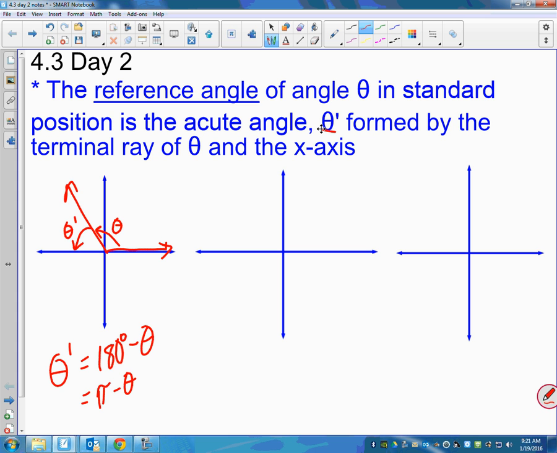Quadrant 3 is probably the one that people get confused on the most with the reference angle. So, step 1, let's draw a quadrant 3. And again, it doesn't matter where.